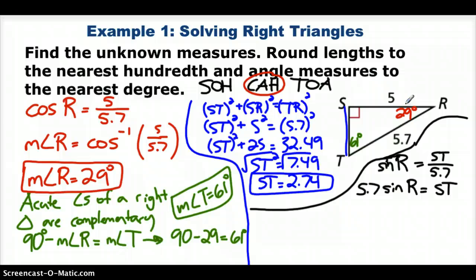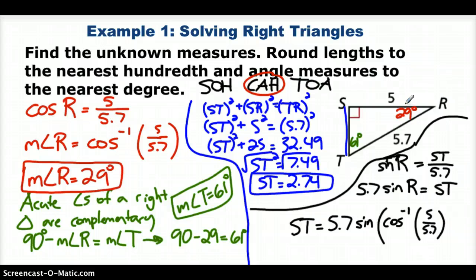So if I want to find ST, I could say ST is going to be equal to 5.7 times the sine of, well, to find the measurement of angle R, we plugged in the inverse cosine of 5 over 5.7. If we plug this into our calculator, we would actually get the proper value for ST. We would still get 2.74. So don't let that last part confuse you too much, but just know that there are multiple ways to solve the problem.